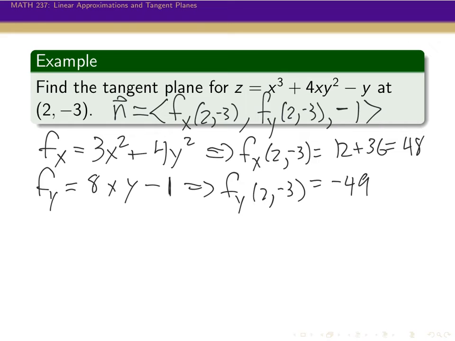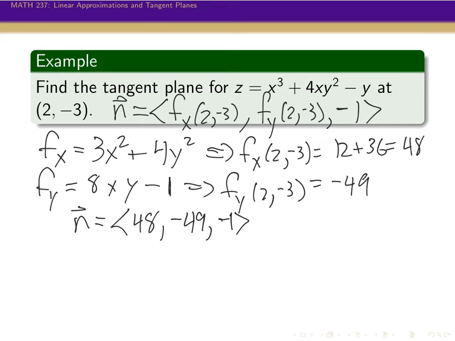Okay, and so now we have our normal vector. N is 48, minus 49, minus 1. Okay, and then we have the x and y coordinates of our point.